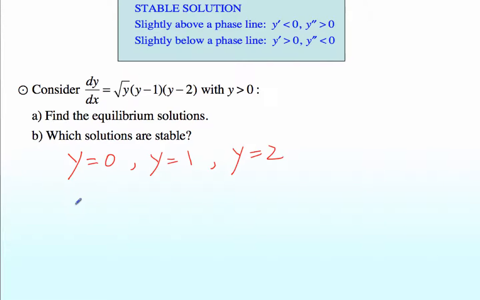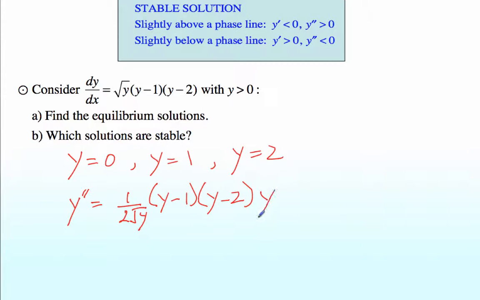And now what we need is not just the first derivative, but also the second derivative. So let's take y double prime, d²y/dx² in other words. When we differentiate this, we'll get 1 over 2 square root of y. And then there'll be y minus 1, y minus 2, because we're not touching these. There'll also be the derivative of y, because this is not x over here. Remember, this is y as a function of x.